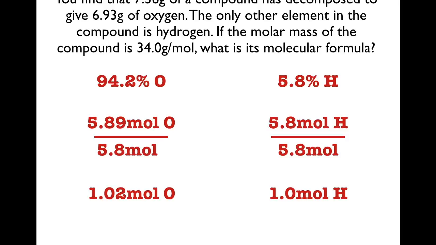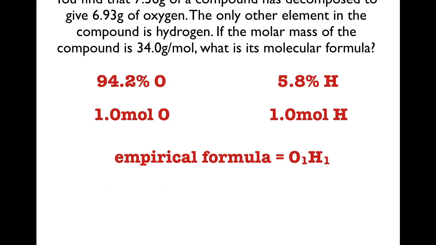Instead of multiplying to get rid of that 0.02, it's minuscule enough that I can just round it to the nearest whole number. So I'm going to turn that 1.02 moles into 1 mole of oxygen and, of course, 1 mole of hydrogen. So now my empirical formula is OH, or 1 oxygen and 1 hydrogen in that compound.